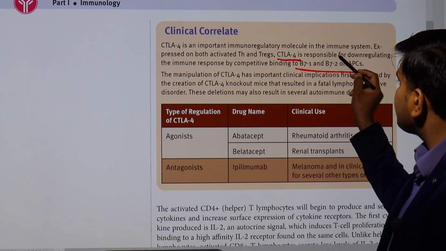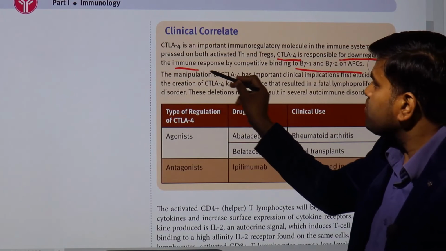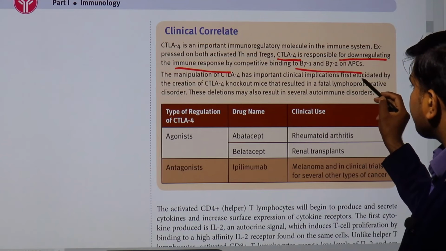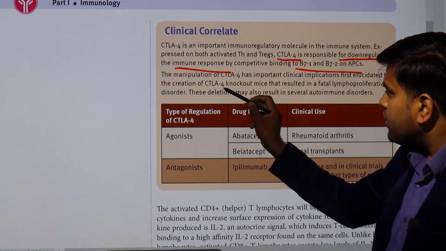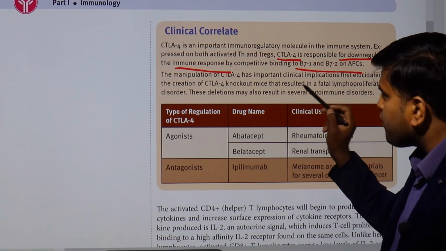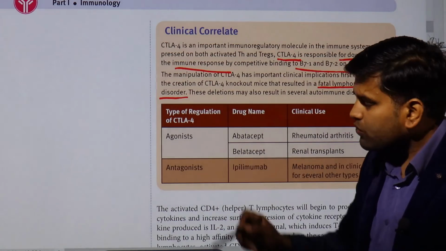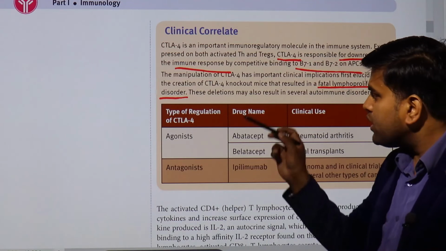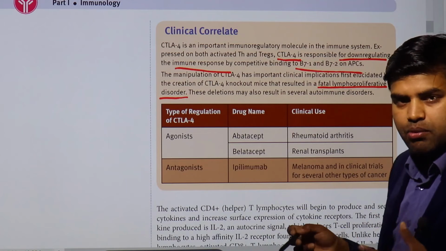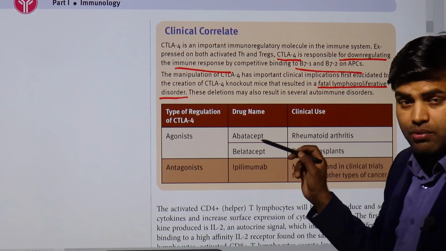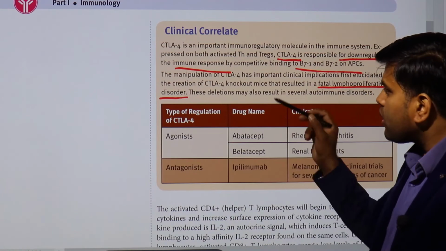The manipulation of CTLA4 has important clinical implications, first illustrated by the creation of CTLA4 knockout mice that result in a fatal lymphoproliferative disorder. Suppose you have no CTLA4 inside your body, then you will develop this lymphoproliferative disorder, which was actually found out in the knockout mouse.